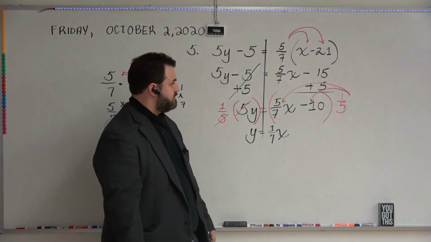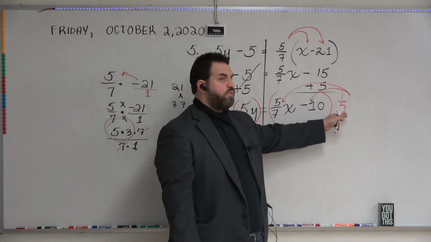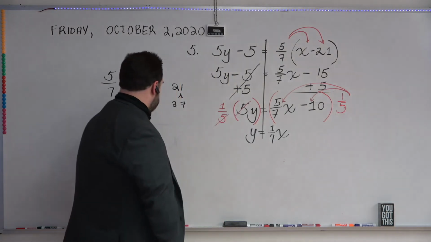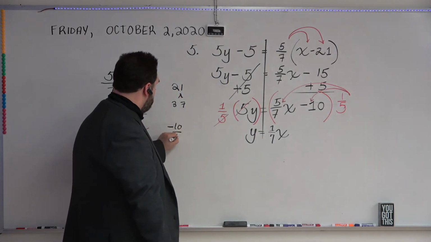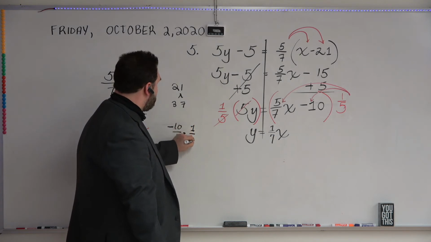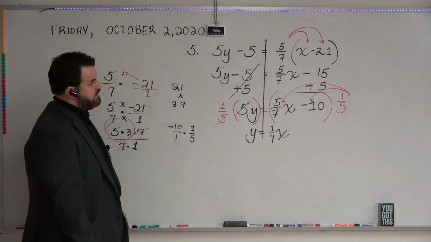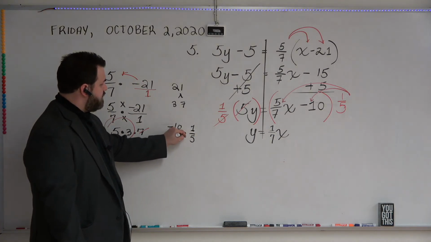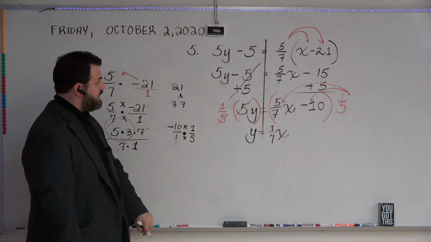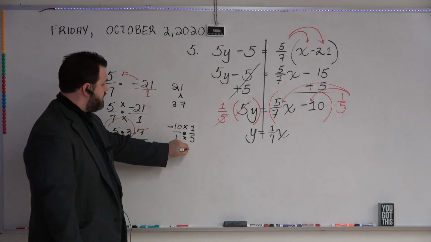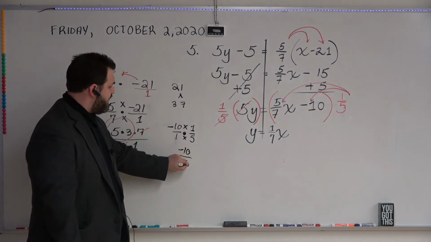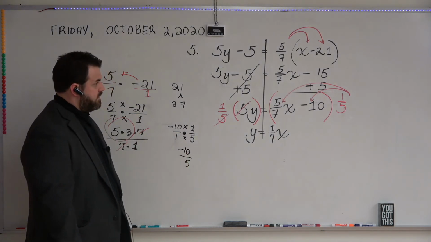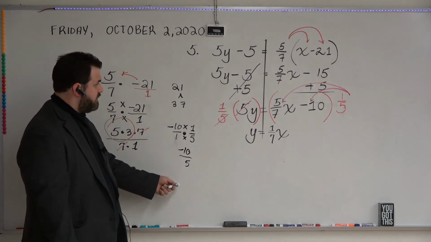Just negative 10 times 1 over 5. So it's negative 10 over 1 times 1 over 5. So we just do cross multiplication? Wait, no, this makes it longer. No, you're going to multiply across the top and across the bottom. Negative 10 over 5. And then from a fraction, what does this reduce to?